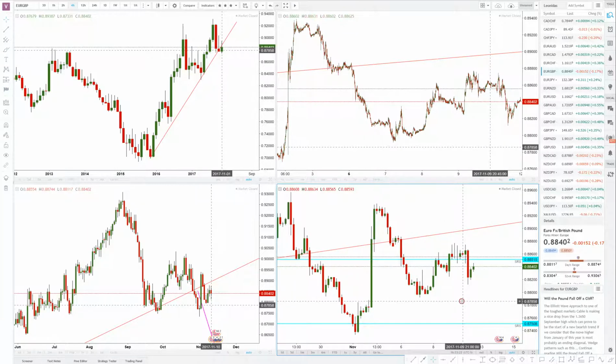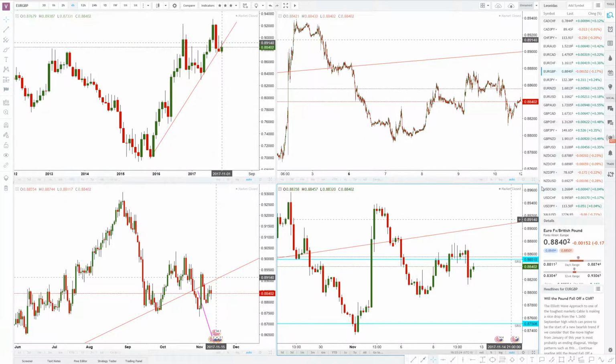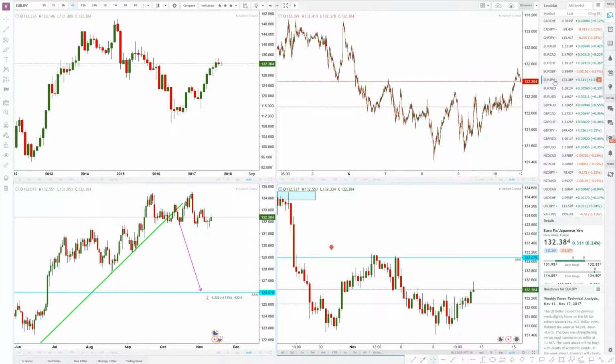Let's see, Euro, JPY. We said last week that it would go down from the 5th here. Yeah, it did go down a lot, and then recovered a little bit off of this support here. All right.